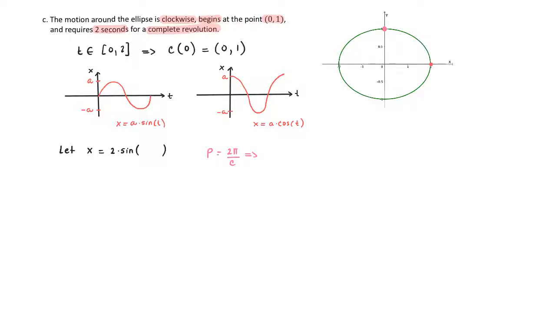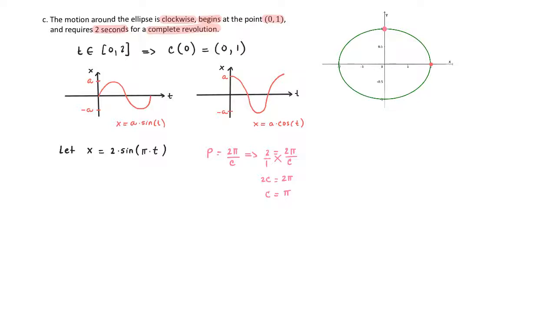The period is equal to 2. So 2 equals 2 pi over c. Cross multiplying, 2c is equal to 2 pi. So then c is equal to pi. So going back over here, I am going to have pi t as part of that expression. So x is going to be equal to 2 times the sine of pi t.